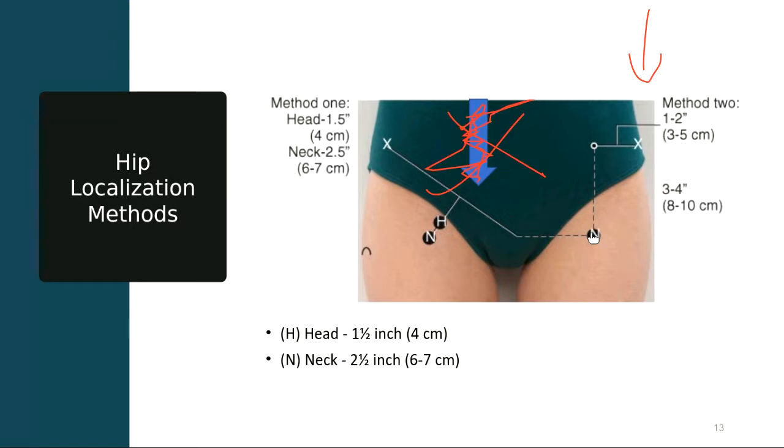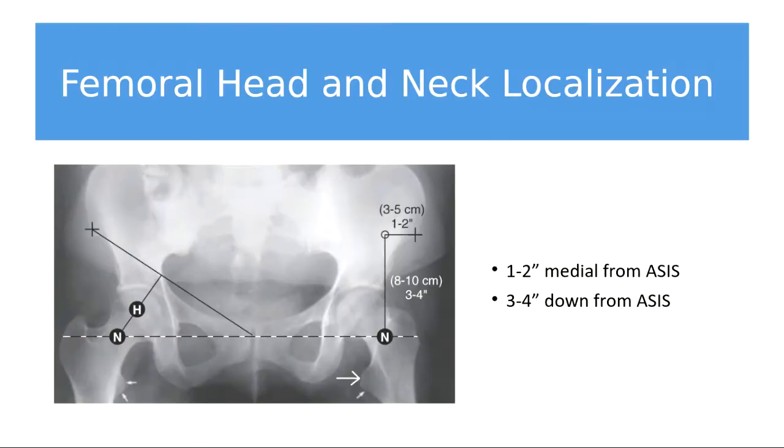Okay, so find ASIS, 1 to 2 inches medial from the ASIS, 3 to 4 inches down should put you at the femoral neck. And if we look radiographically, again, 1 to 2 inches medial from the ASIS, 3 to 4 inches down from ASIS, put you at the femoral neck.